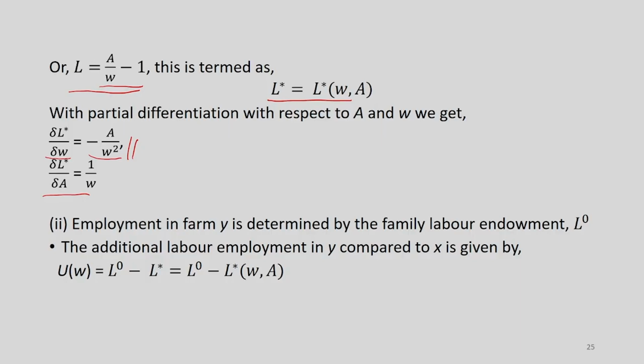In simple terms, as the wage rate in the market rises, the owner of firm X is going to reduce the employment. On the other hand, as A, that is capital A, rises, L star will rise because del L star del A is 1 divided by W, which is positive.